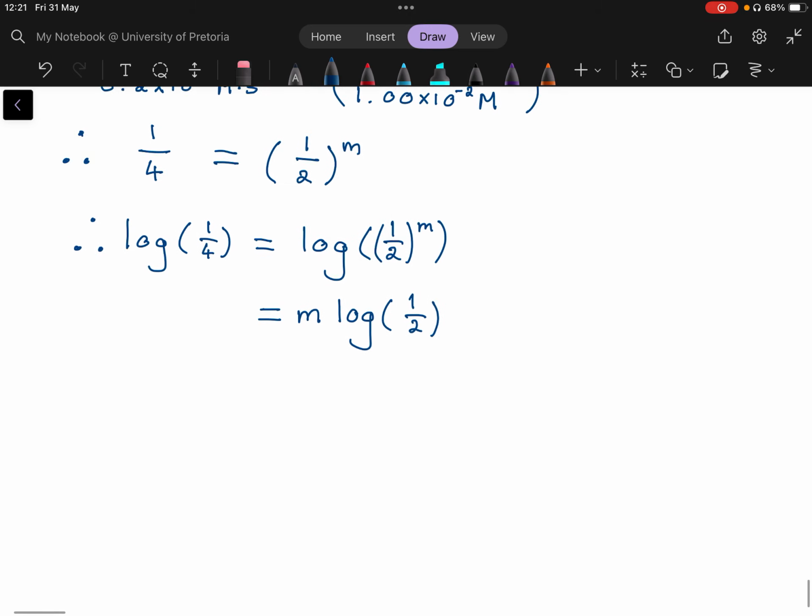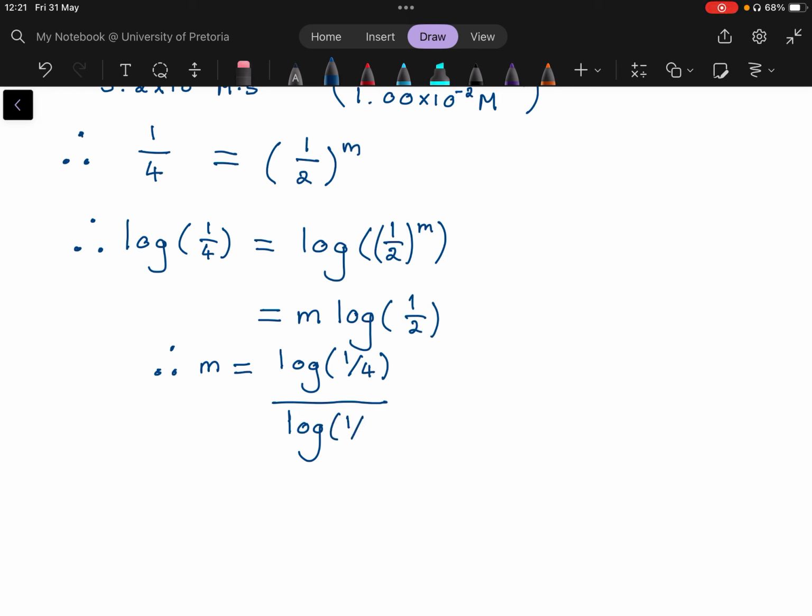In other words, we just solve for m, so we divide everything by log a half, and hence m is equal to log of a quarter divided by log of a half, which you will get is 2.